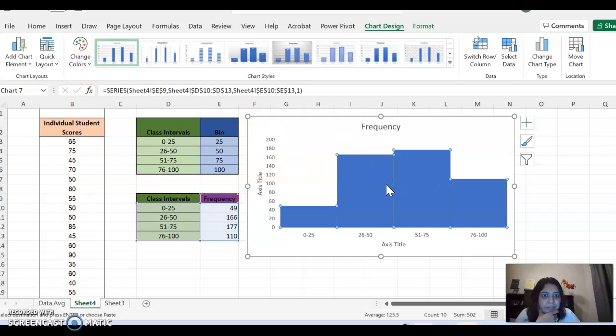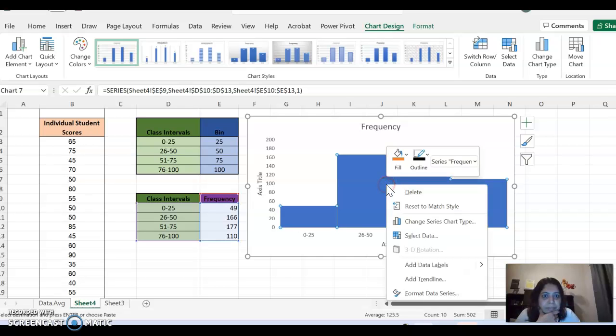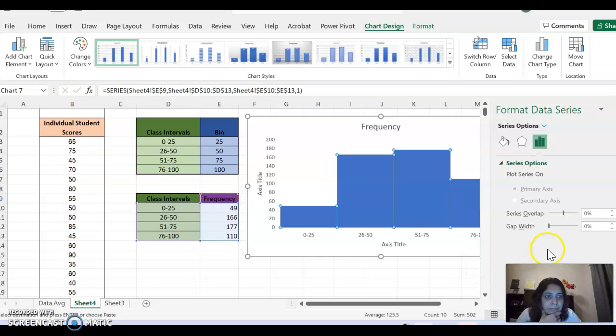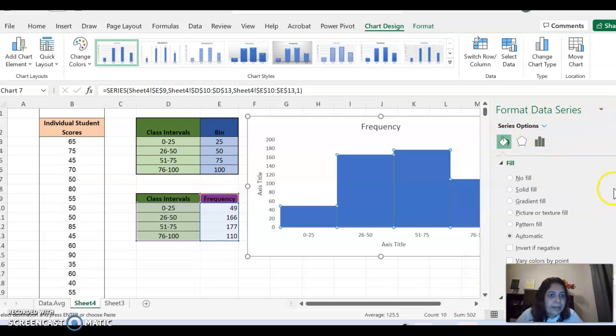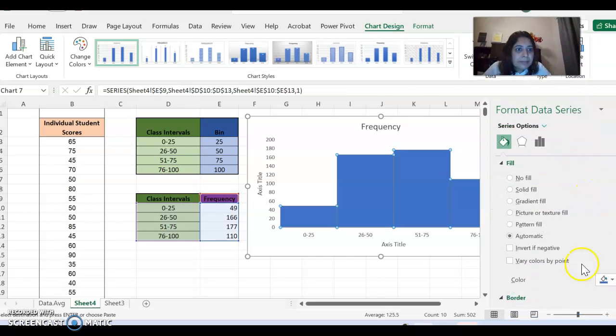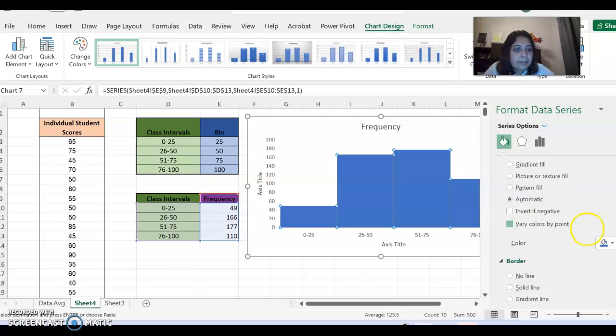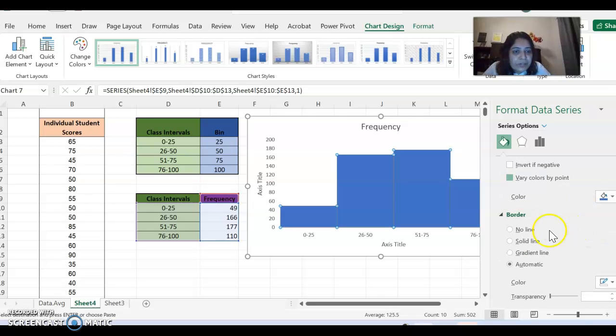And then we need to insert some borders so that we can differentiate between them.